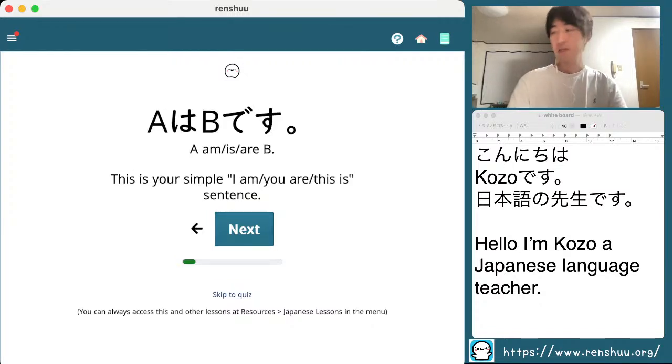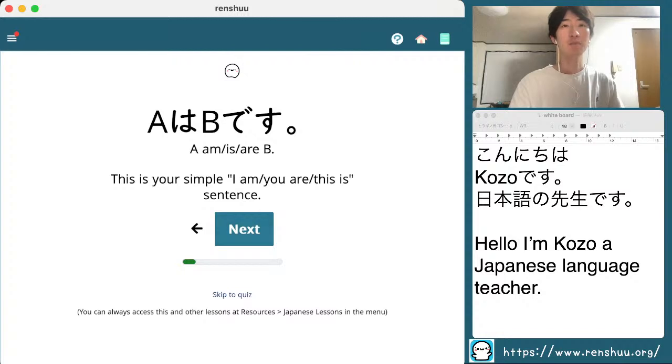A は B です。A on B, A is B, A are B. Actually, it depends on the context and it depends on the sentence. This is your simple I am, you are, this is sentence. Yeah, right. Okay.